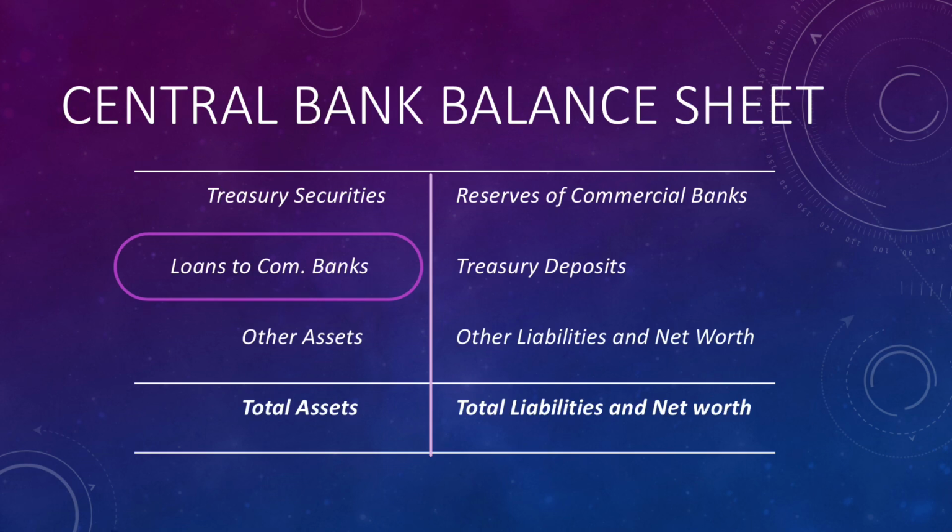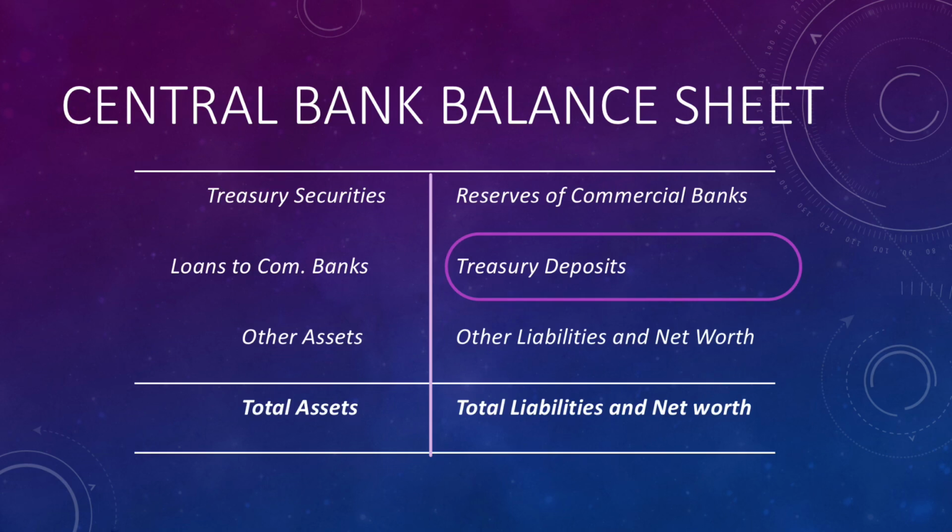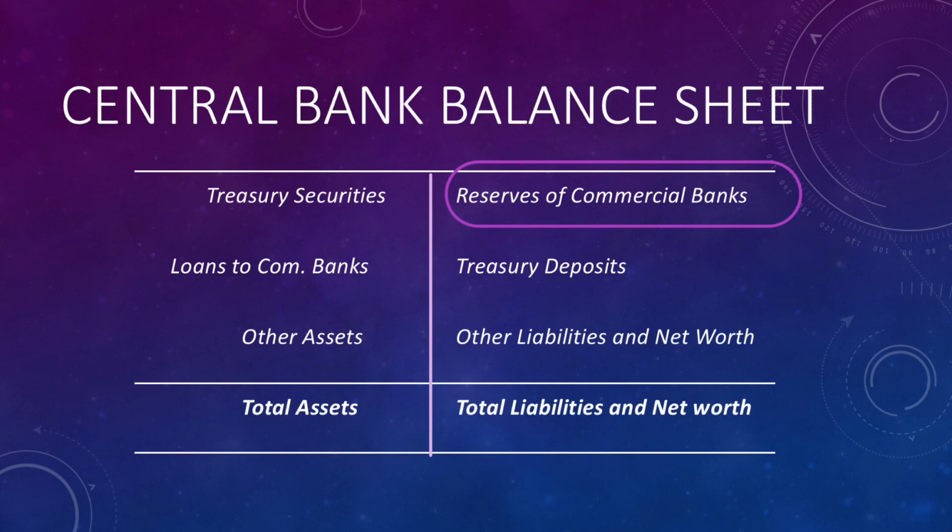To the right of the balance sheet, we would see treasury deposits. Treasury deposits are the government's financing in the central bank, amounts contributed by the government of the country. Now, an important item to be discussed here is the reserves of commercial banks. This is basically cash kept on hand by banks in order to meet central bank requirements.